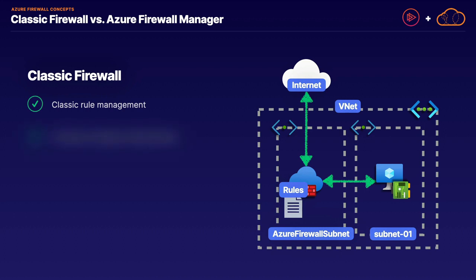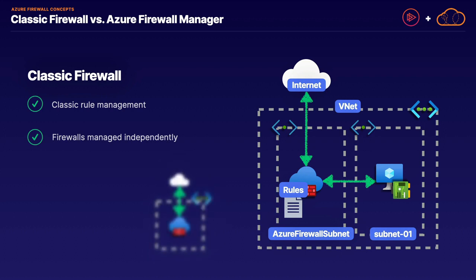And if we had another firewall resource in another region, we would manage those rules on that firewall resource independently from one another. So we have to make sure that if we want rules to exist on both firewalls that are the same, we have to actually then clone those rules over. We're not managing them as a separate entity, but rather on the firewalls independently.